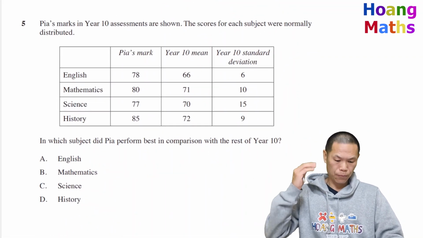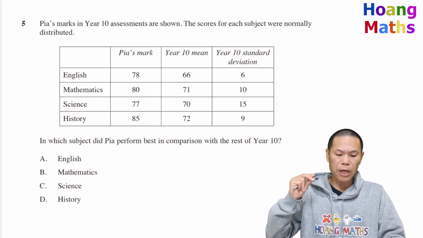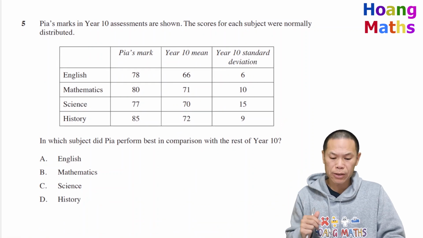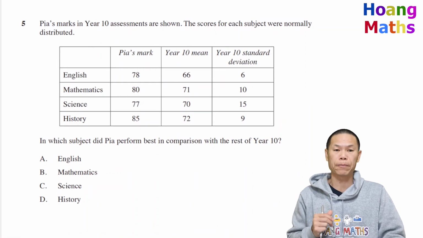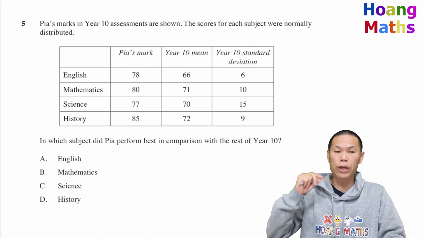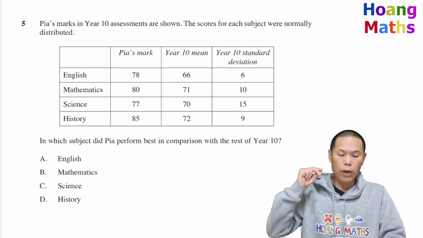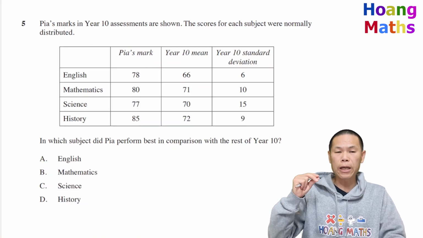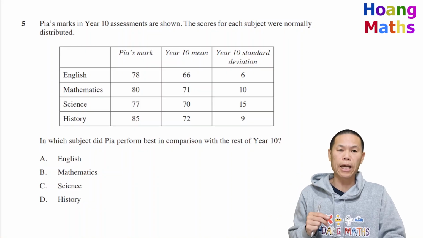Question number 5. In which subject did Pia perform best in comparison with the rest of Year 10? To work this out, we just need to work out the z-score for each subject. The greater the z-score, the better the performance.